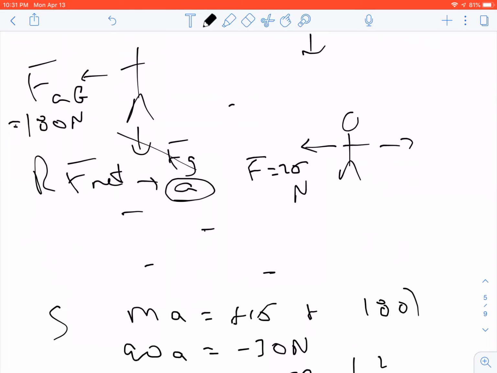If you could imagine, sometimes you watch a cartoon and you see the person's legs spinning, but they're not moving anywhere. If you could imagine me being on black ice and trying to pull on that cart with 25 newtons, my legs would be going, right? But I wouldn't be moving anywhere. They would just be sliding on the ice. But as soon as I'm on solid ground where I can get friction, the parking lot can push me forward. As I push back on the parking lot with my legs, the parking lot is going to push me forward.